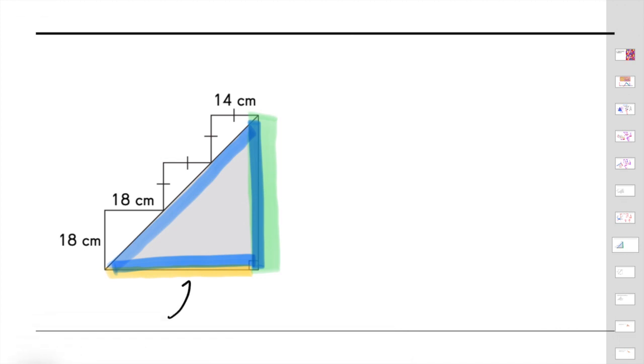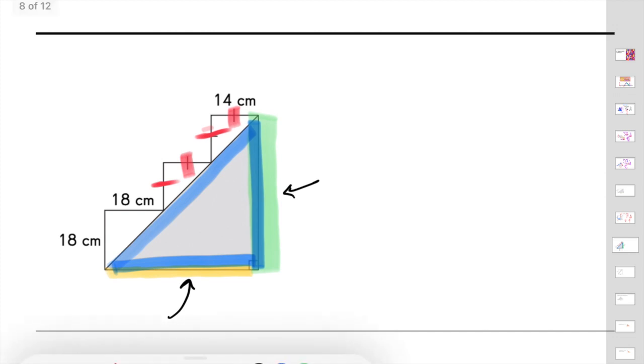But I'm sure you're noticing that there's no measurement listed for the base. There's no measurement listed for the height. All we have are these measurements over here of these little step structures. And so how are we going to use those measurements to help us find the length of the base and the length of the height? Remember that those little tick marks indicate that we have same length sides.